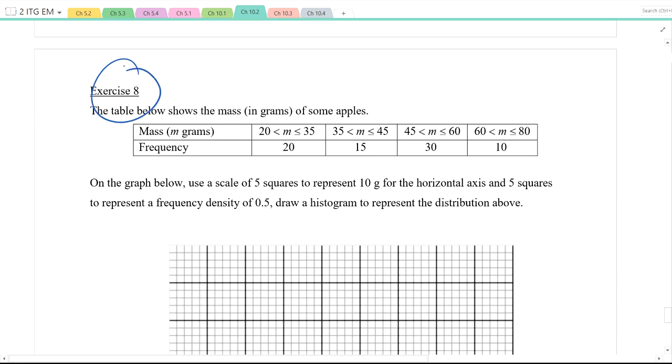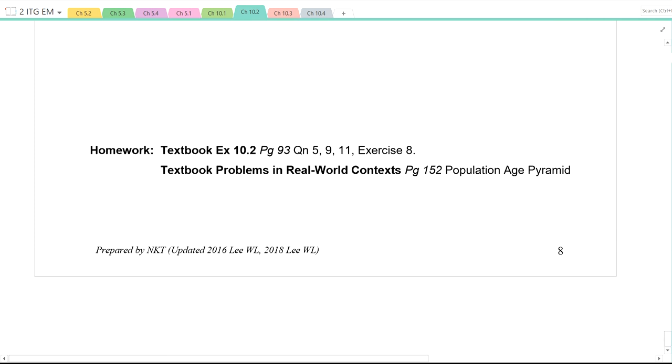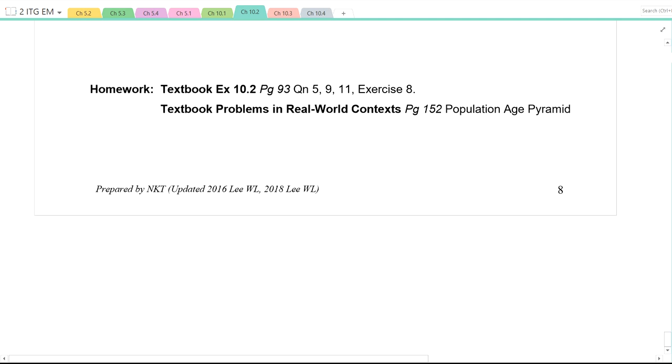Exercise 8 as well, homework due 18 Jan. Likewise, for this homework, this is due after the weekend.